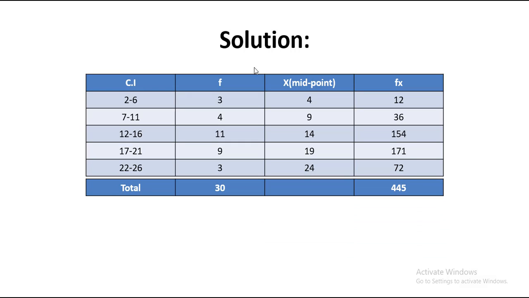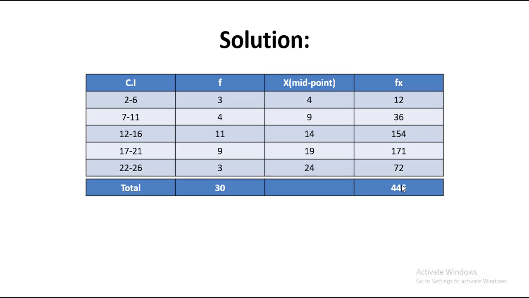Now the total frequency: if you add all these numbers, 3 plus 4 plus 11 plus 9 plus 3, it gives you 30. And if you add the fx part, 12 plus 36 plus 154 plus 171 plus 72, it gives you 445.